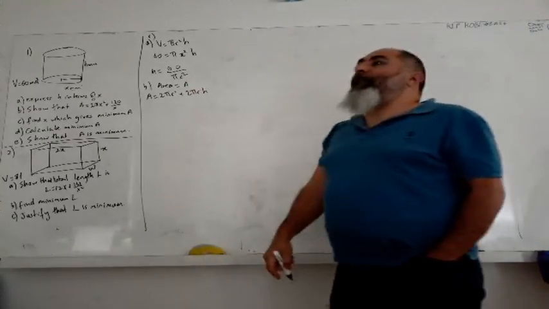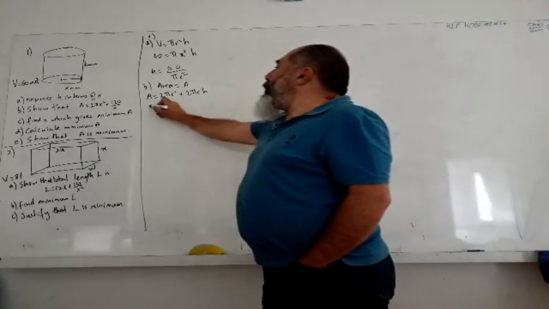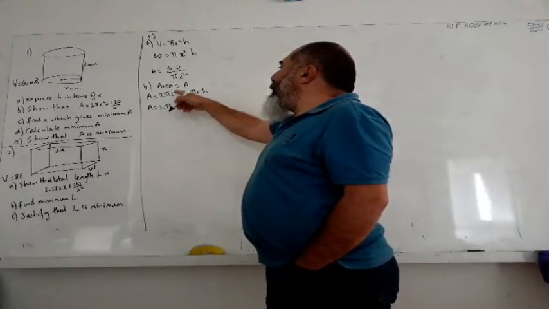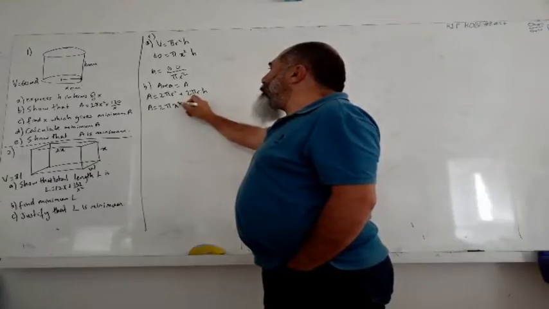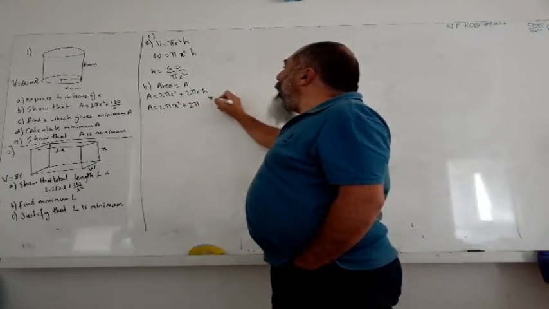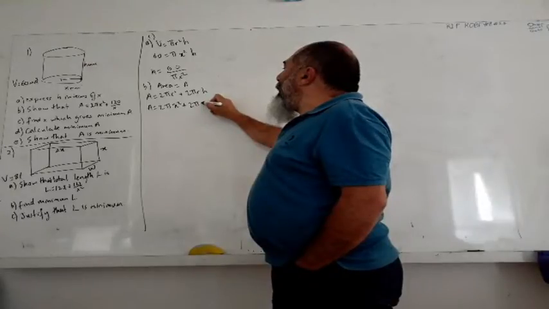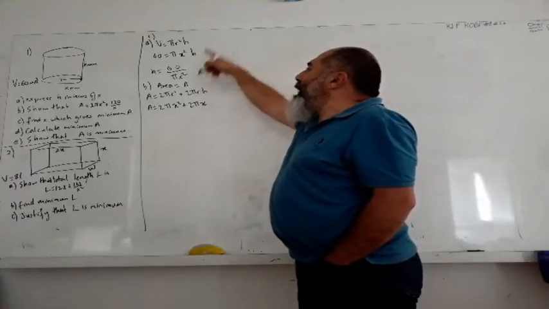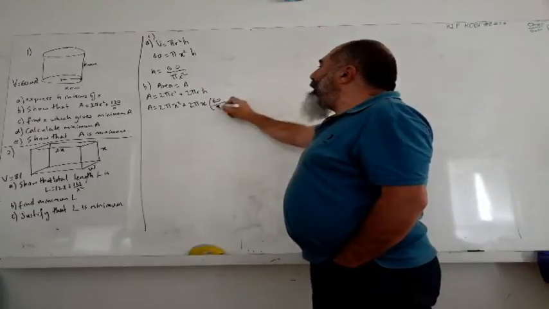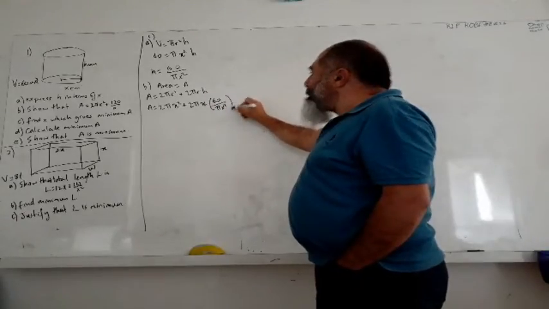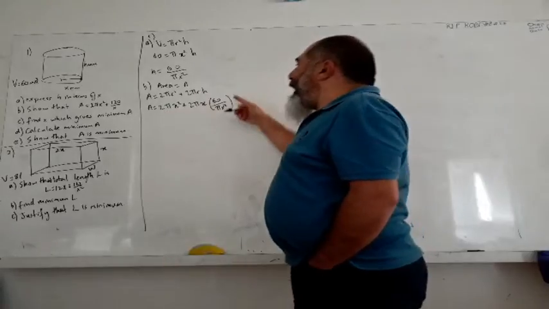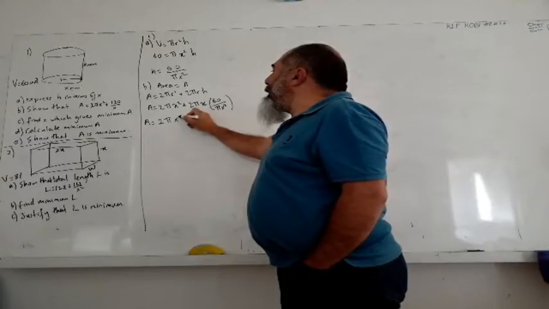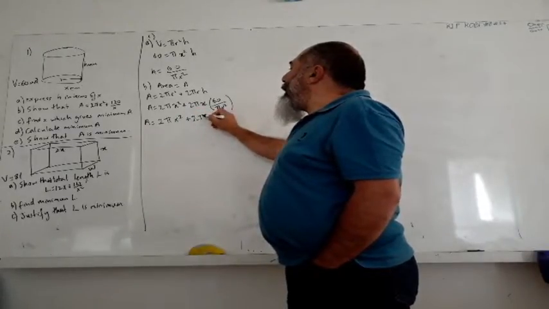So A will be 2 pi, instead of r, I am going to write x squared plus 2 pi, r is the radius, which is x, and I am going to substitute h with its equivalent that we found in part A, 60 over pi x squared. When we do the algebra here, it is very easy to see that area is equal to 2 pi x squared plus 2 pi, 120 over x.